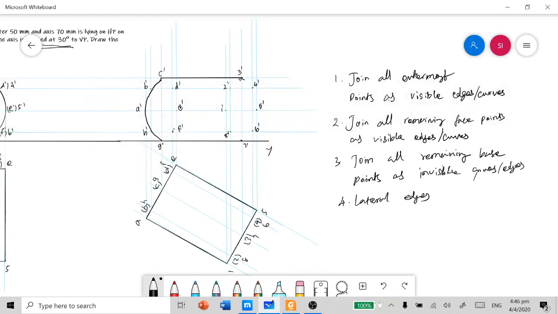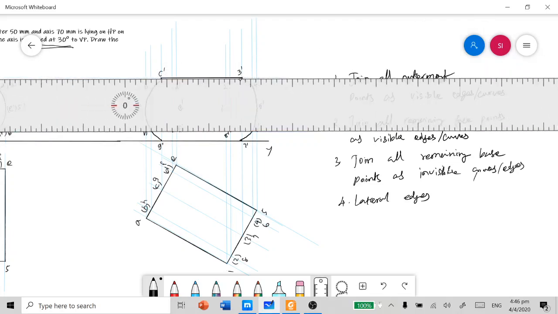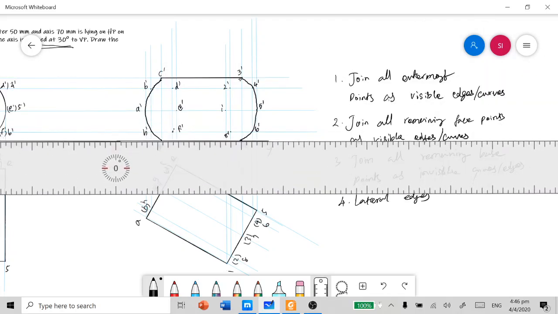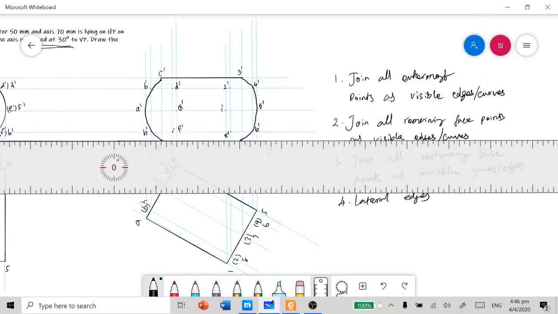And then from 3 to 4, 4 to 5, 5 to 6, 6 to 7 again curve portion, and 7 to G is again a straight line since it is a generator.